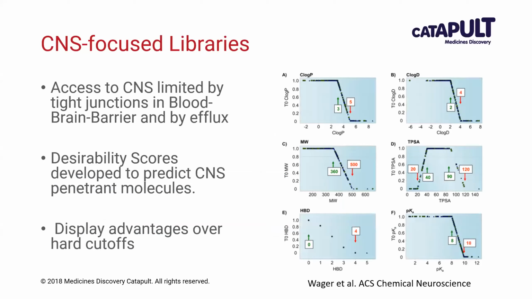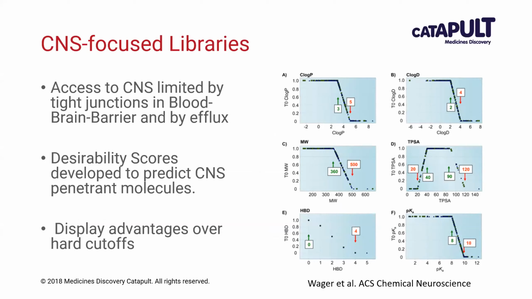So those are libraries targeted towards particular proteins. You might also want to generate libraries targeted towards CNS. So access by small molecules to the CNS is really governed by the blood-brain barrier.